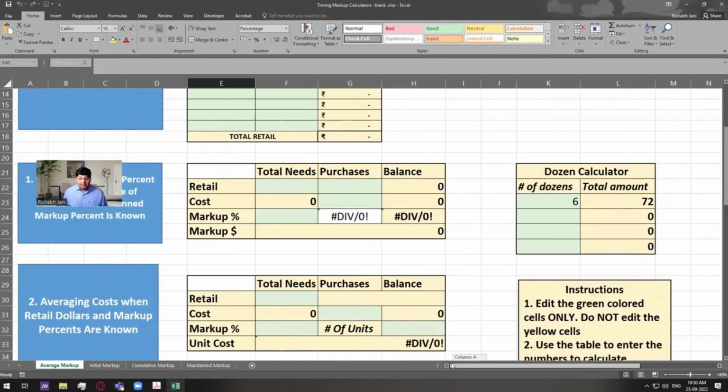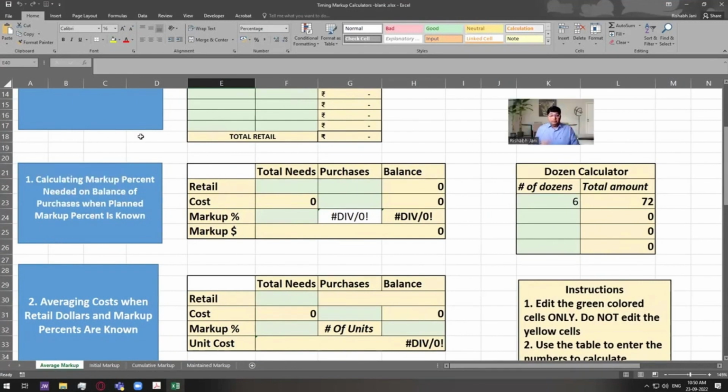So this is the Excel sheet. You can use this to calculate the same problem. We just designed this for ease of understanding. So again, our retail needs were 12,000 and our markup goal was 54%, correct? By doing simple math, it already calculates that our cost value is going to be 5520.